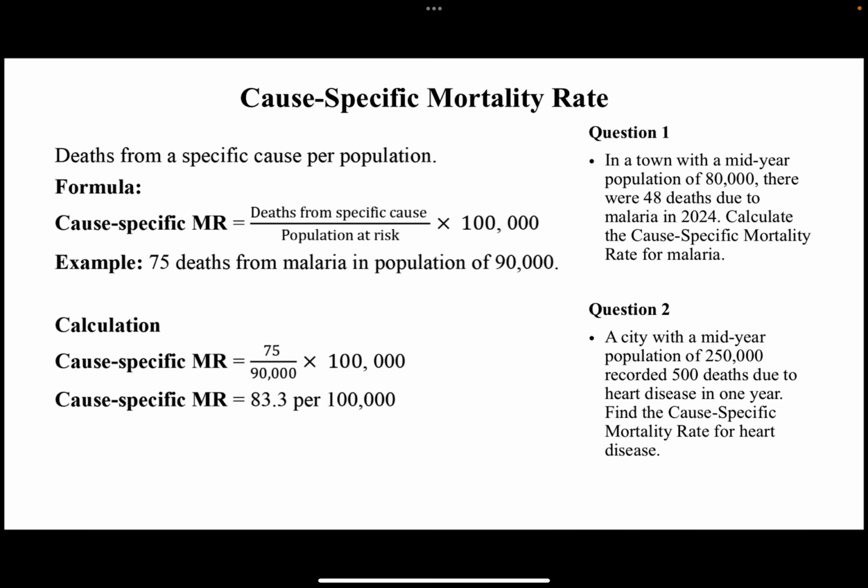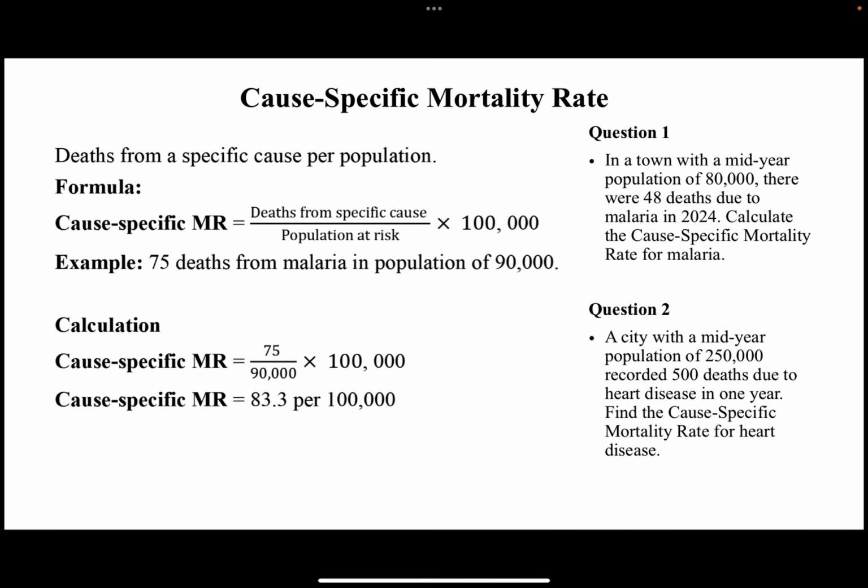Malaria is the cause. 75 deaths. What is the population at risk? 90,000. Is that okay? So the cause-specific mortality rate for malaria is 75 over 90,000 times 100,000.